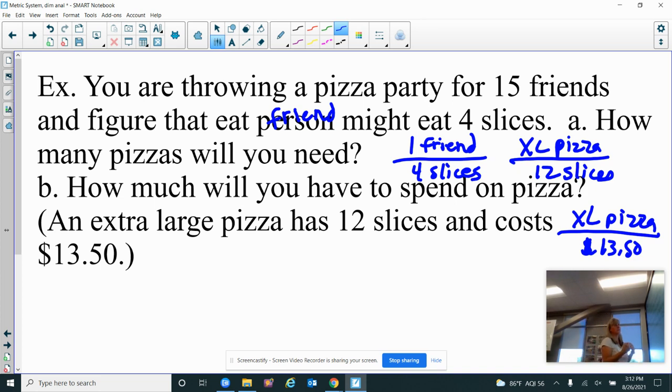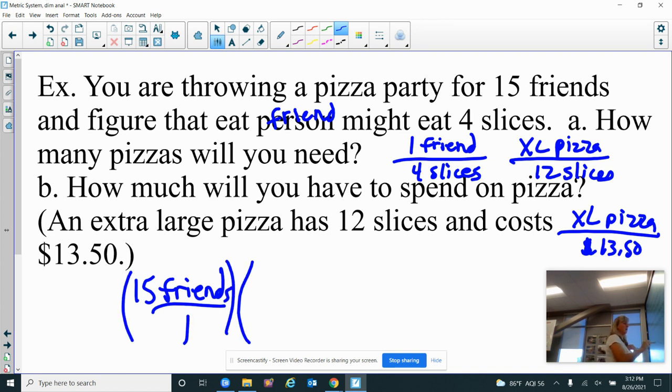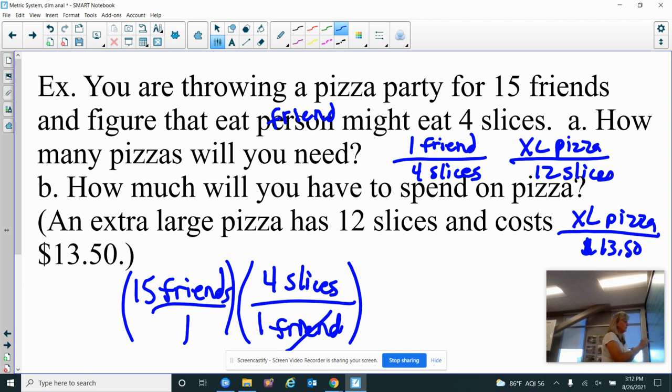So when I start, I have 15 friends. And then friend has to go on the bottom. My conversion is that for one friend, I need 4 slices of pizza. Friends cancel. Now I'm in slices.